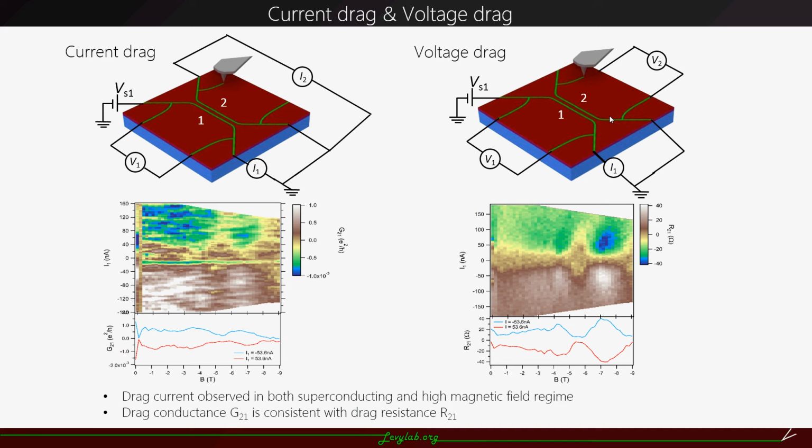As in the voltage drag measurement, electrons just need to move until a steady state has been built, where a voltage across the drag wire prevents electrons from moving.